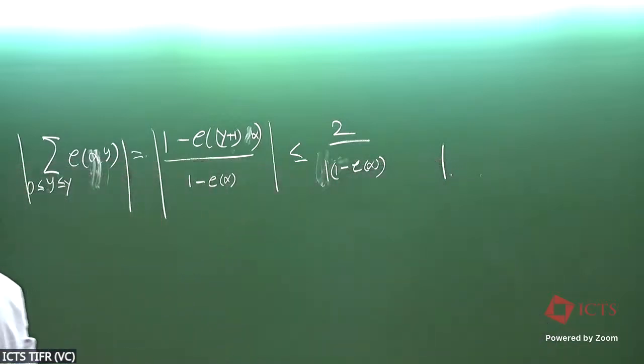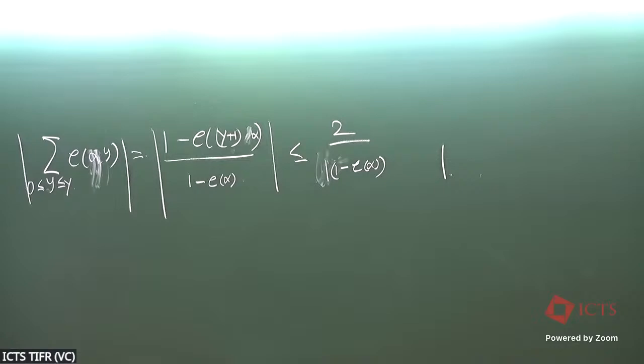And this, when you look at this 1 minus E alpha, since this is periodic modulo 1, I can assume that my alpha lies between minus half and plus half. Okay? Which I will assume. And then since again E of minus alpha is the complex conjugate of E alpha, I can as well assume alpha lies between 0 and half.